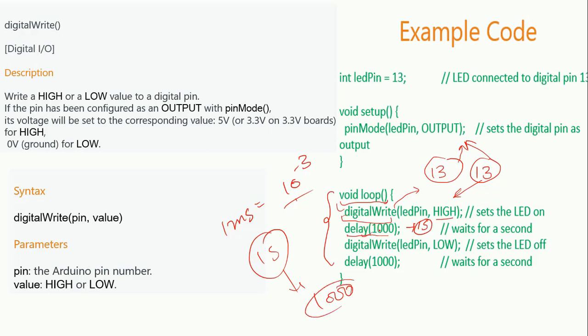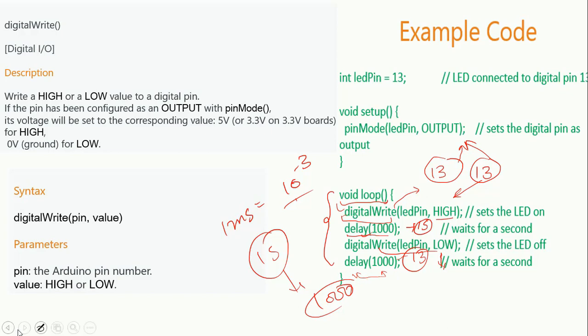So with the help of delay 1000 we can hold our LED output at the high level for 1 second. Next, LED pin 13 and low, and with this we can hold this state for 1 second.